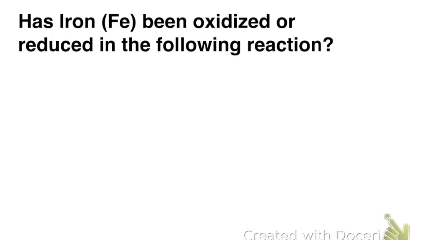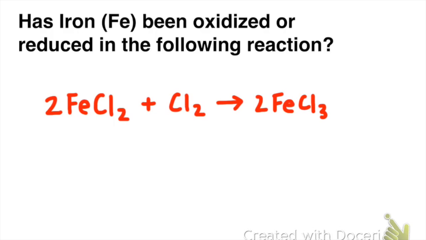Let's try a couple other examples. Has iron been oxidized or reduced in the following reaction? So we've got FeCl2 plus Cl2 giving us FeCl3. We're going to focus on Fe. On the left, chlorine, remember, is in group 7, and so it'll have a -1 oxidation number. There are 2 of them, so that gives us a total of -2.